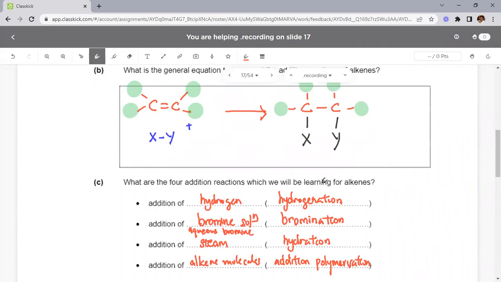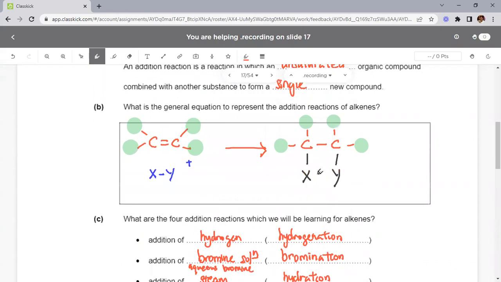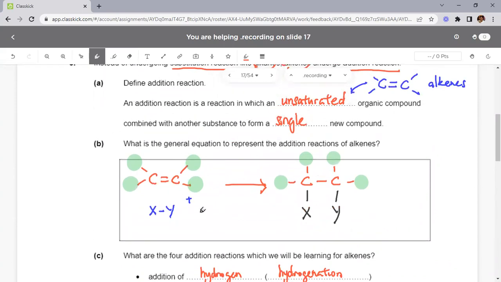But I just want to highlight one thing I mentioned earlier, to understand what addition reaction is about. An addition reaction is a reaction in which an unsaturated organic compound, the C over here, combines with another substance, like the XY drawn at the bottom here, to form a single new compound.